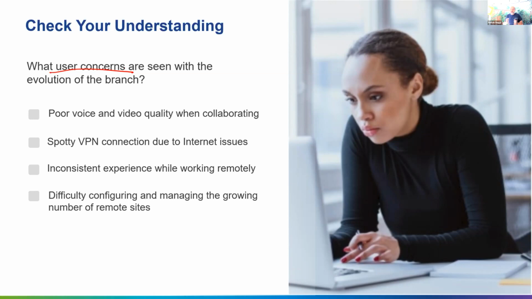We need to not see security as an afterthought. Networking and security teams should come together, collaborate, and work on the enterprise topology. One of the user concerns is poor audio and video experience and inconsistent VPN. Those are some of the challenges end users are facing.